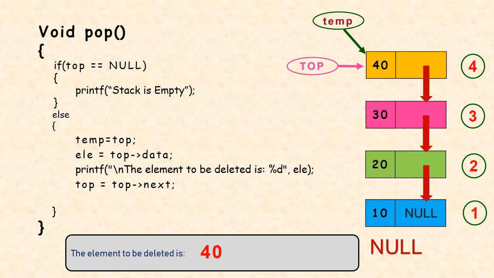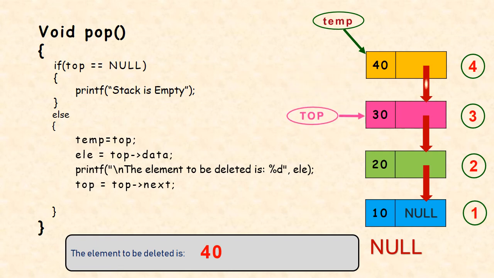When the next node became the top, what does it mean? The data in this stack are from top to last node only. So 30 to 10 are the data of that stack. So 40 is logically removed. However, we will also remove this link by writing this. What?